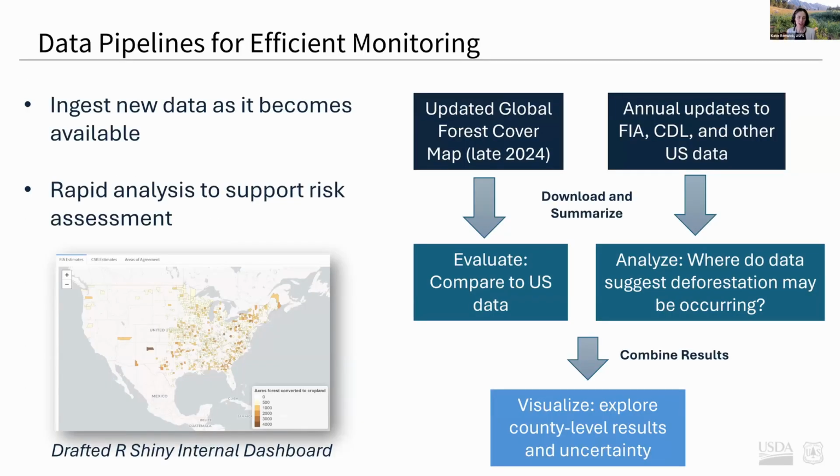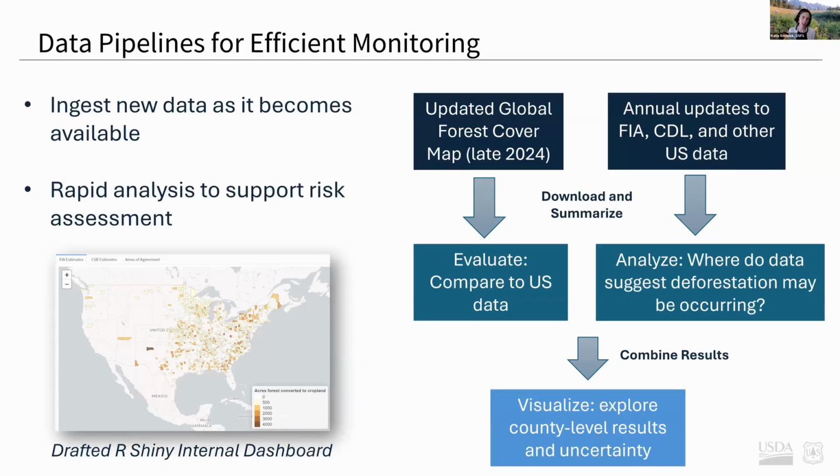The last thing that I wanted to highlight in the context of this session was how the analysis was set up for efficiency. This FIA analysis is part of a larger project where we were looking at a number of different data sources, but all of the work was done in an R coding environment so that it's really easy to download and summarize new data as new data become available.